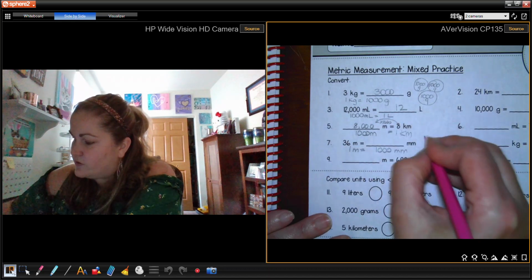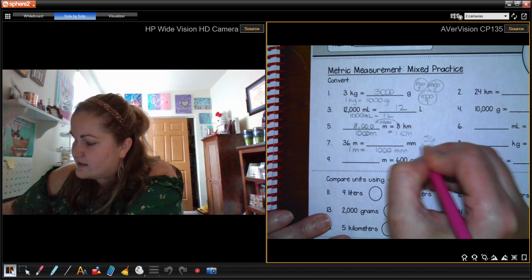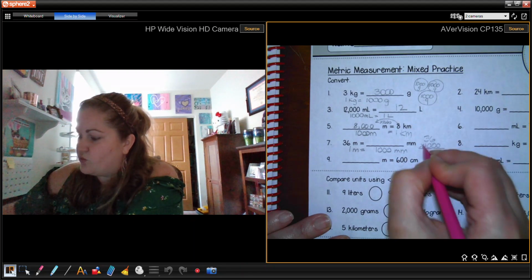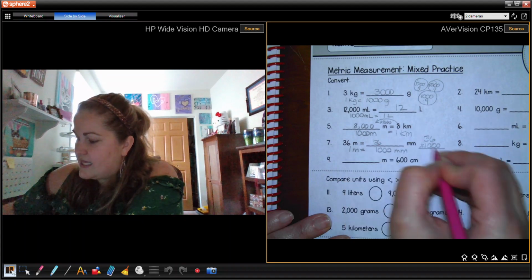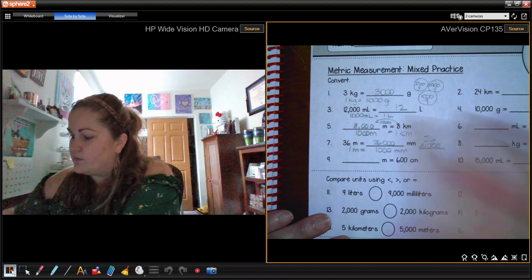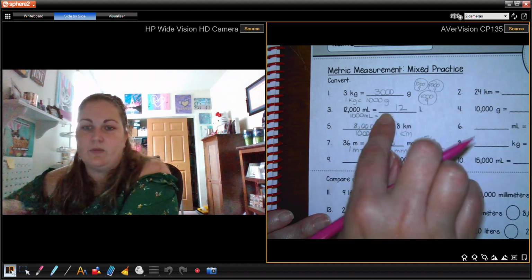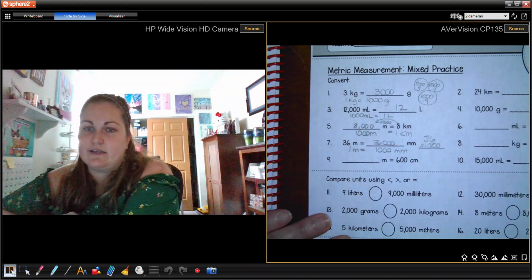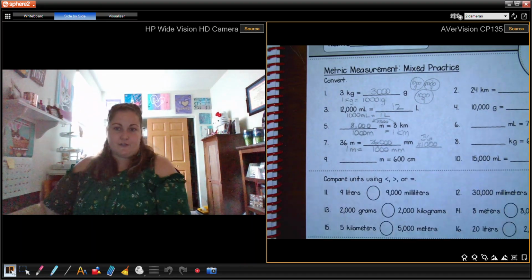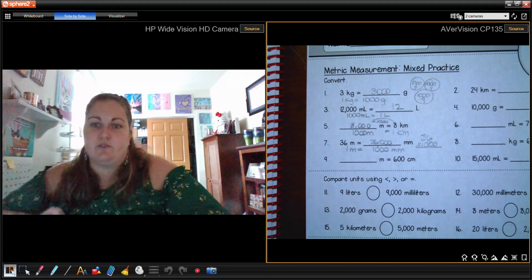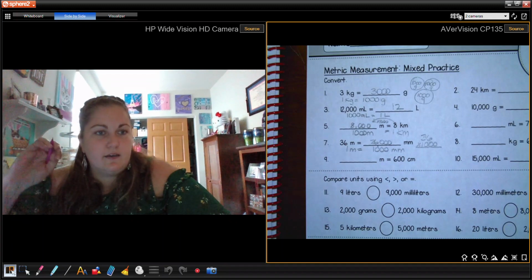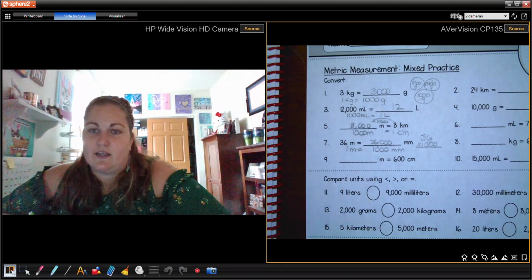I would need to use that multiplication. 36 times 1,000, well, 36 times 1 is 36, and then I can annex those 3 zeros on, like we did on that second problem up here. So 36 meters is 36,000 millimeters. It's 1,000 times greater.